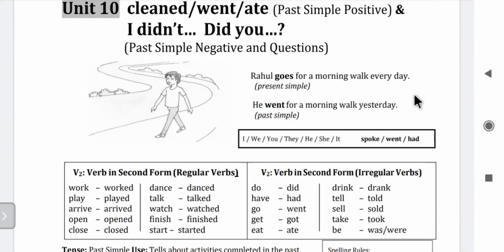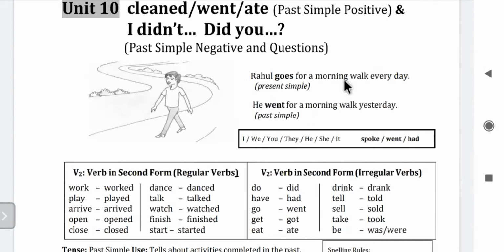Like I said, past simple positive is there. All of these we're doing together because there's no need to change the subject. All the subjects are just the same, as you can see here. Whether you put went or whether you put whatever, even positive or negative, or even the question, the subject remains in its place. Okay, so let's take a look at this diagram and a line with present simple tense and a past simple tense describing it.